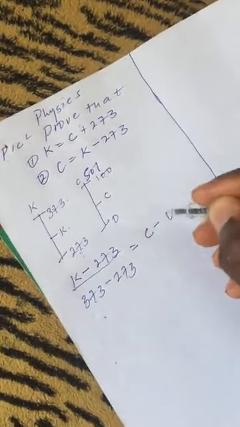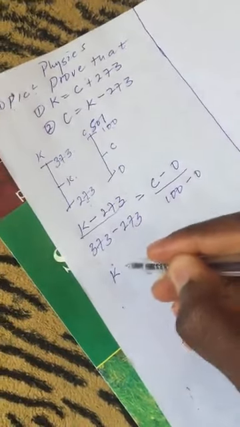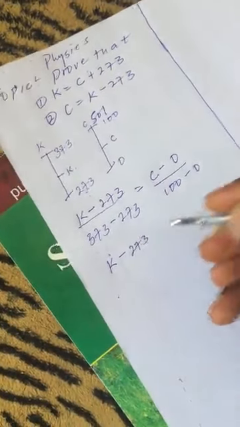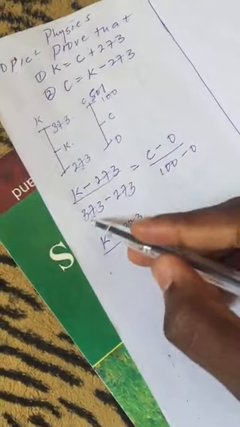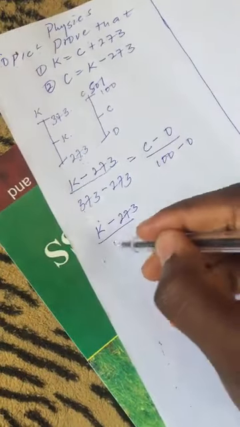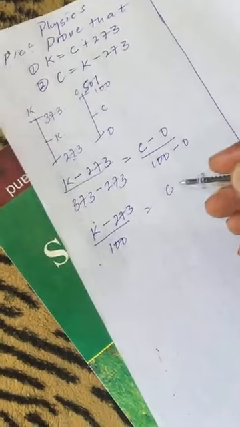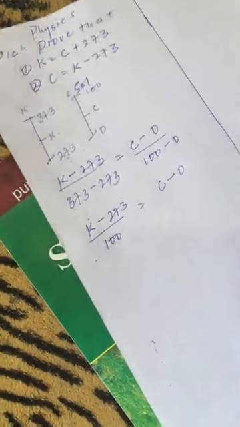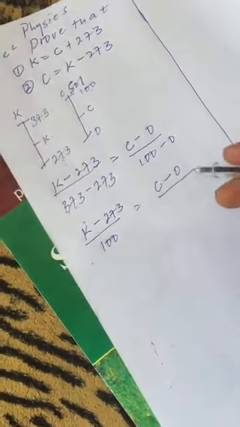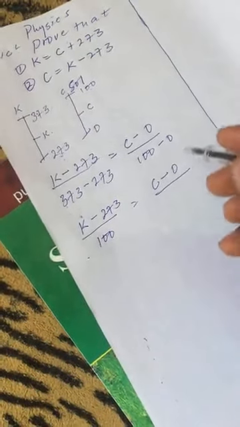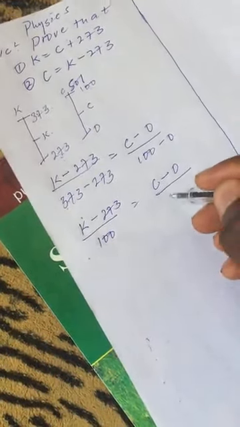If you do this, we have K minus 273 over 373 minus 273, which is 100, equal to C minus 0 over 100 minus 0, which is 100.